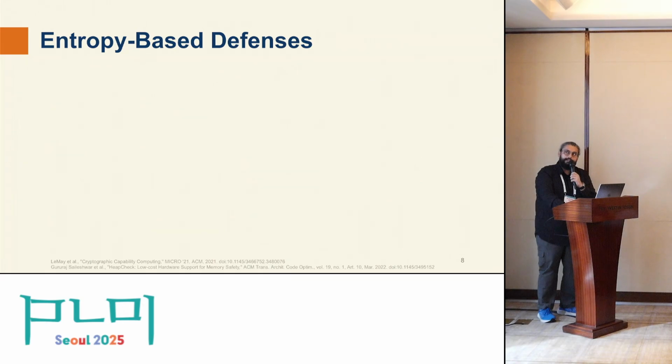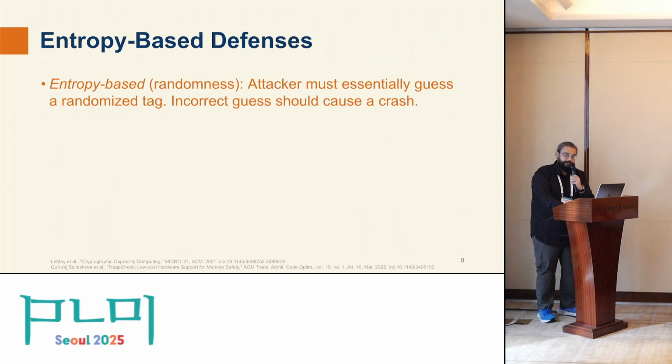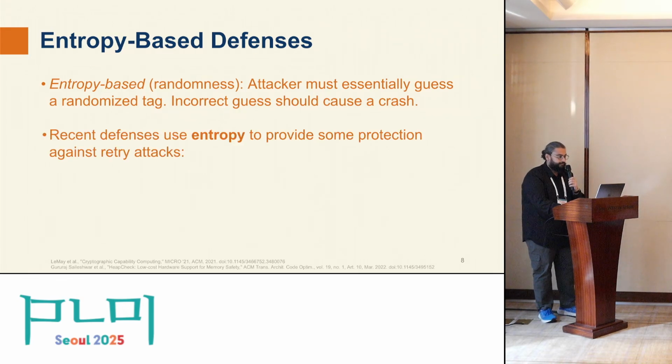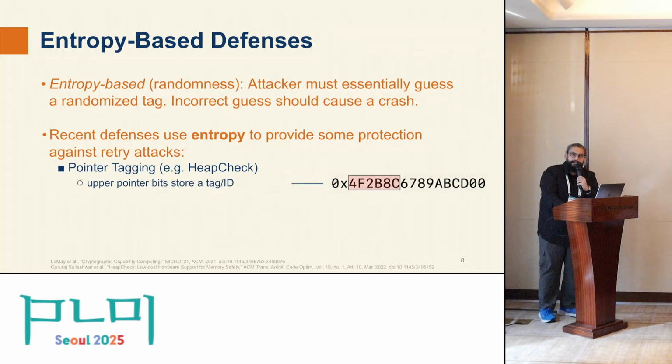There have been a certain class of defenses called entropy-based defenses that have tried to solve this issue. The defense uses randomness. The attacker needs to essentially guess a randomized tag. Incorrect guesses should cause a crash. Pointer tagging uses the upper bits in a pointer, for example, in HeapCheck, to store a tag.